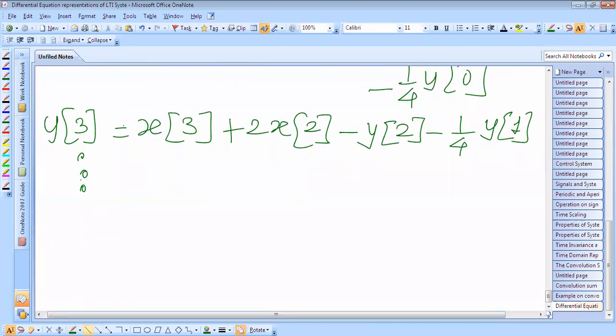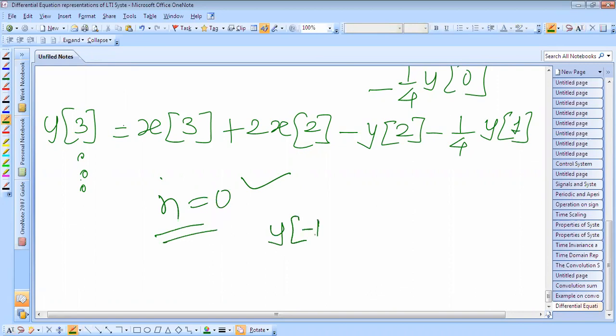When you start computing the output by putting n equal to 0, which are those values? That is y of minus 1 and y of minus 2, because on the left side of 0, the two values are minus 1 and minus 2.